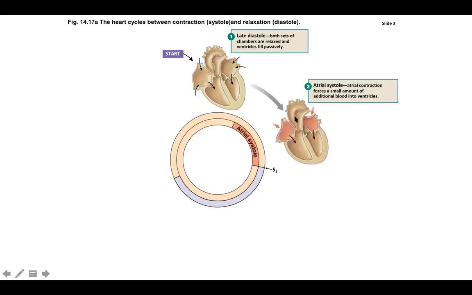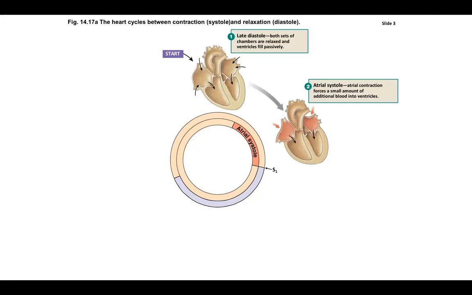The next step is that the atria, both of the atria, contract. And when the atria contract, we call that atrial systole. So there's that contraction of the atria, and that forces the last bit of blood into the ventricles. There's a bit of variation in textbooks when they talk about how much blood is actually attributed to that atrial systole.